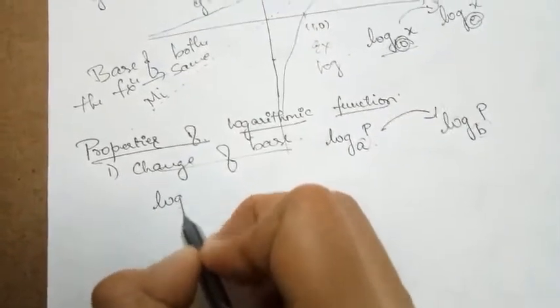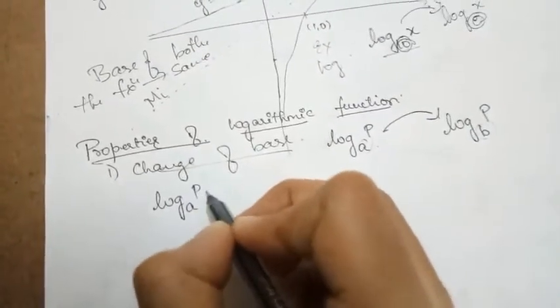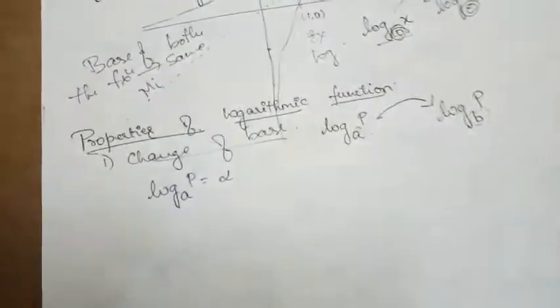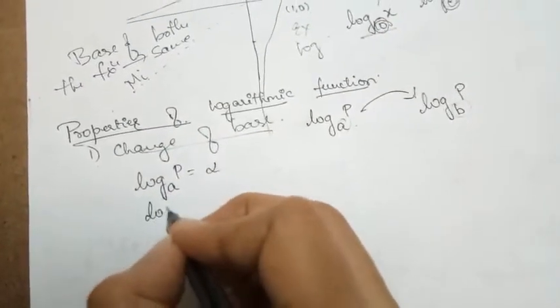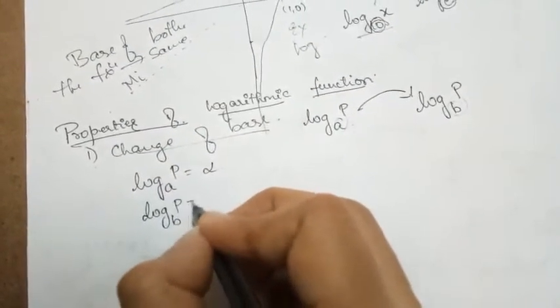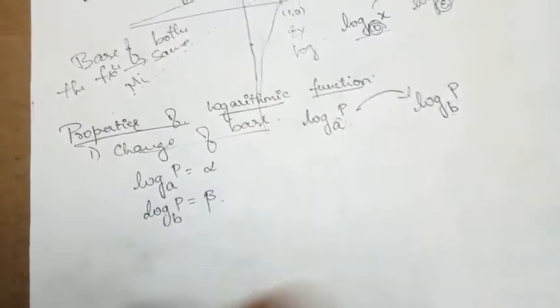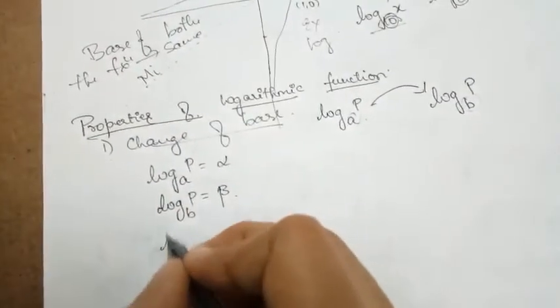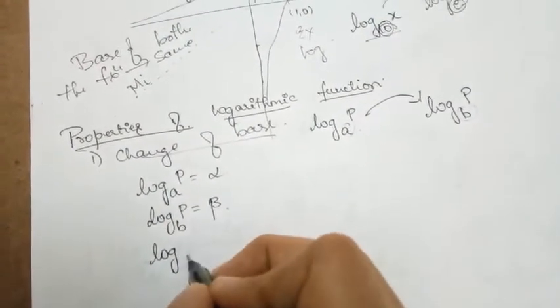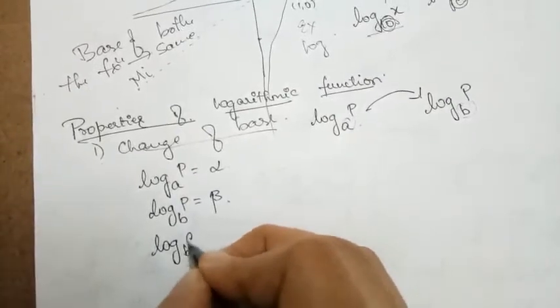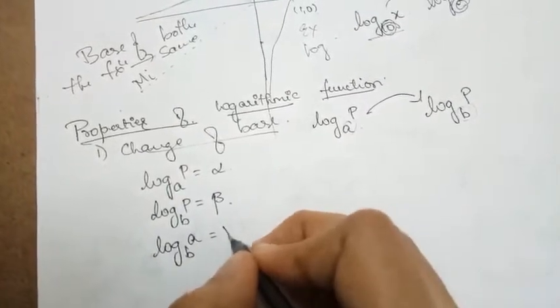Suppose I consider log base a of p is equal to alpha, and log base b of p is equal to beta. Another one I am considering, log base b of a, which is nothing but gamma.